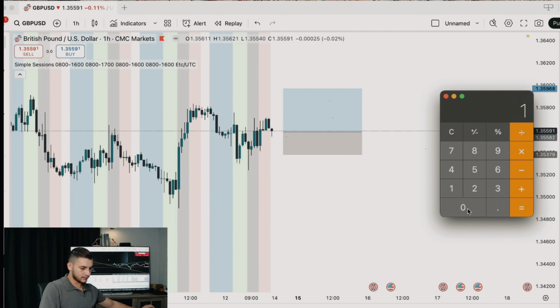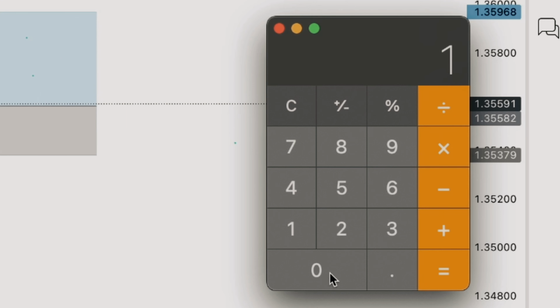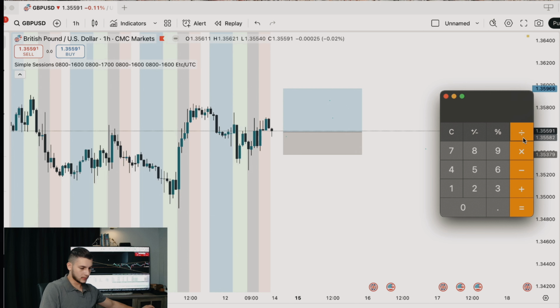Let's say you have $100,000. You need to multiply that $100,000 by the exact risk percentage. If you want to risk 1%, it means that you're risking $1,000. Let's say divided by 100 times 1%, $1,000.